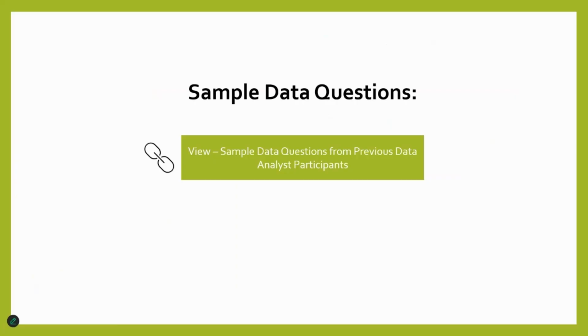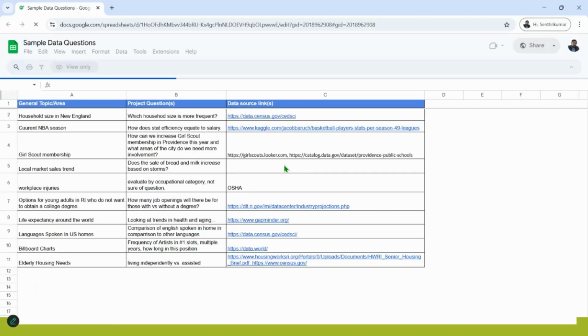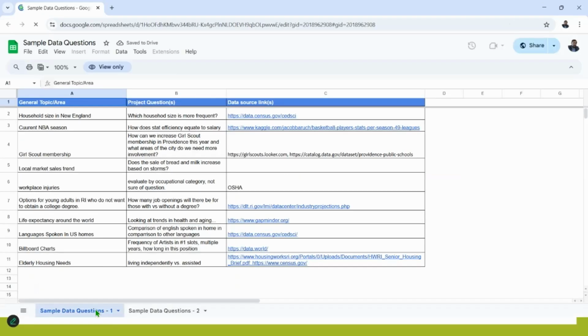Okay. So as I said, these are some sample data questions that our previous data analyst participants used, right? Once I share this as a PDF file, you can click this link, and that will take you to this page. Here you can see we have two sheets: sample data question 1 and sample data question 2.